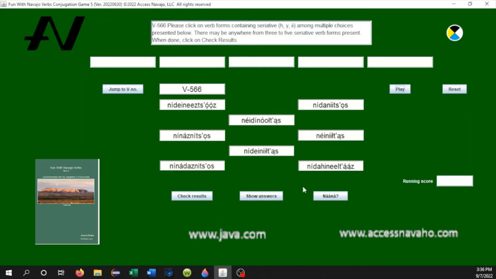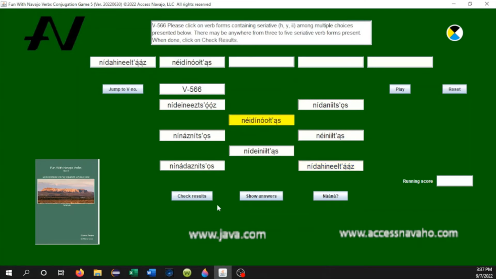So, nedahenelt ans, that looks like a seriative. Let's see if we have any other seriative in here. All right. So we're going to need something with an object.